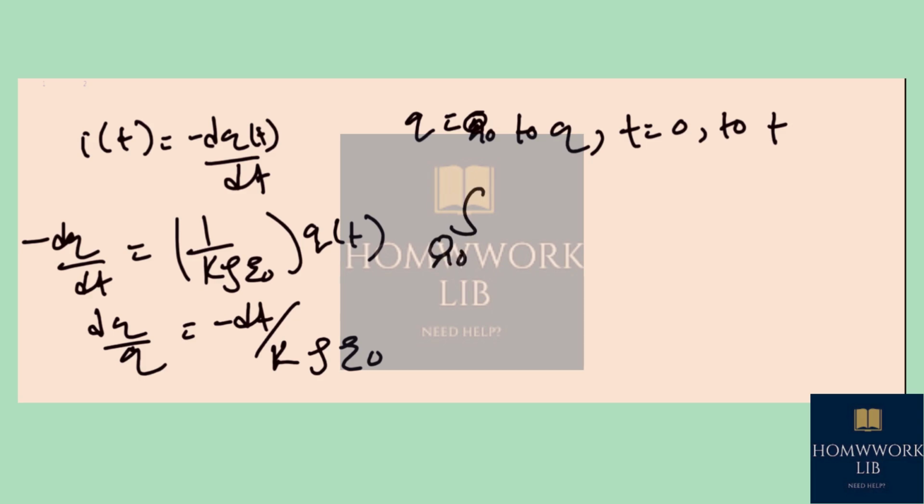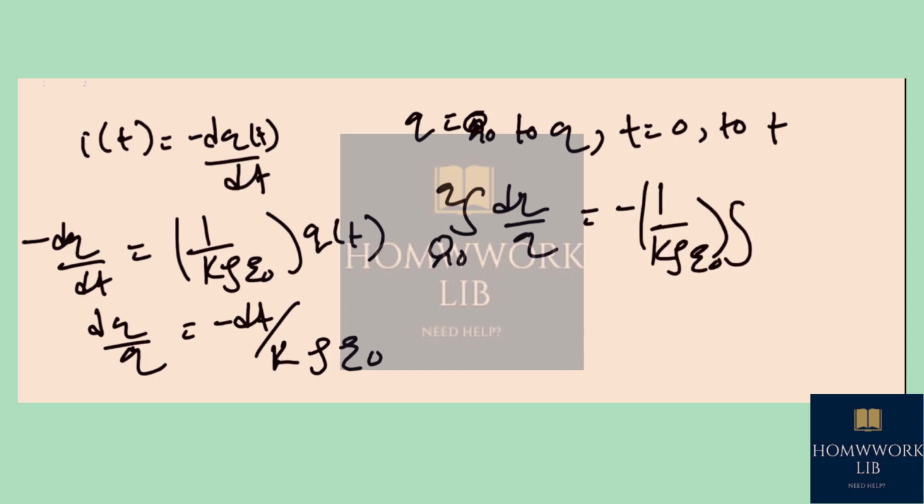So the integral from Q₀ to Q of dQ divided by Q is equal to minus 1 over κρε₀ times the integral from 0 to t of dt.